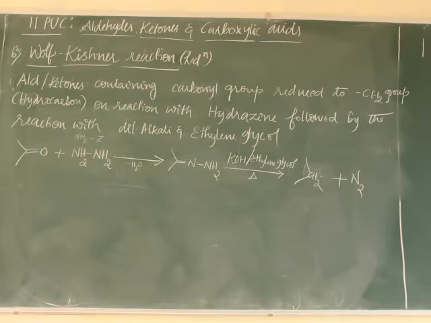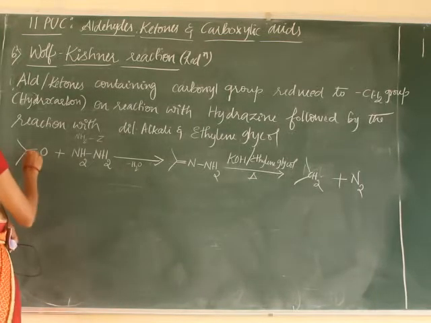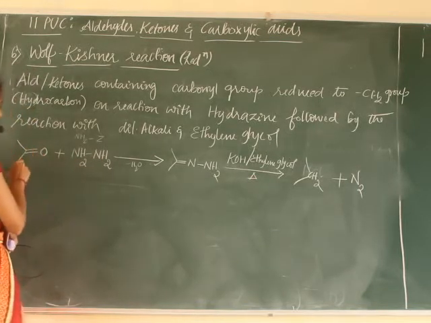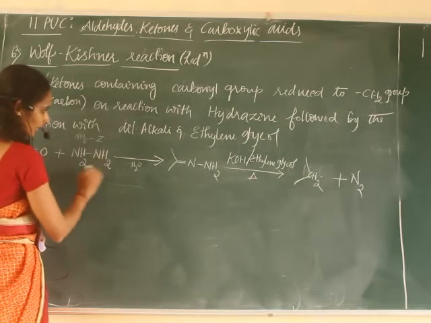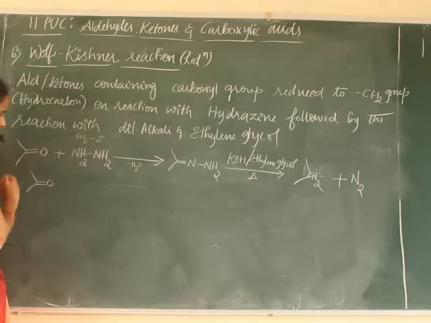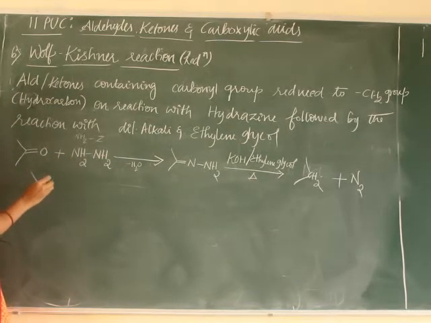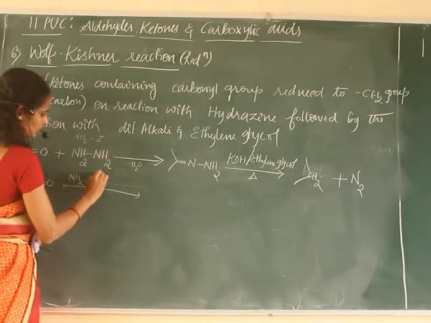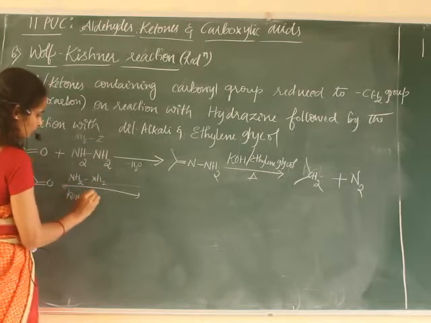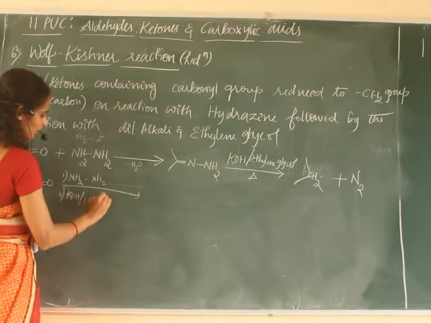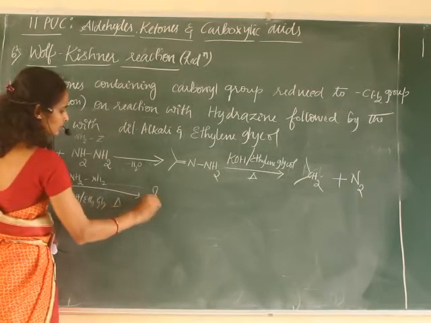The difference between Wolff-Kishner reduction and Clemmensen reduction is only the reagents. In Wolff-Kishner reduction, you can write the product directly from the ketone, hydrazine NH2 NH2, and KOH, ethylene glycol. Sometimes they will give the question like this: first reagent hydrazine, second KOH and ethylene glycol with heating, what is the product?